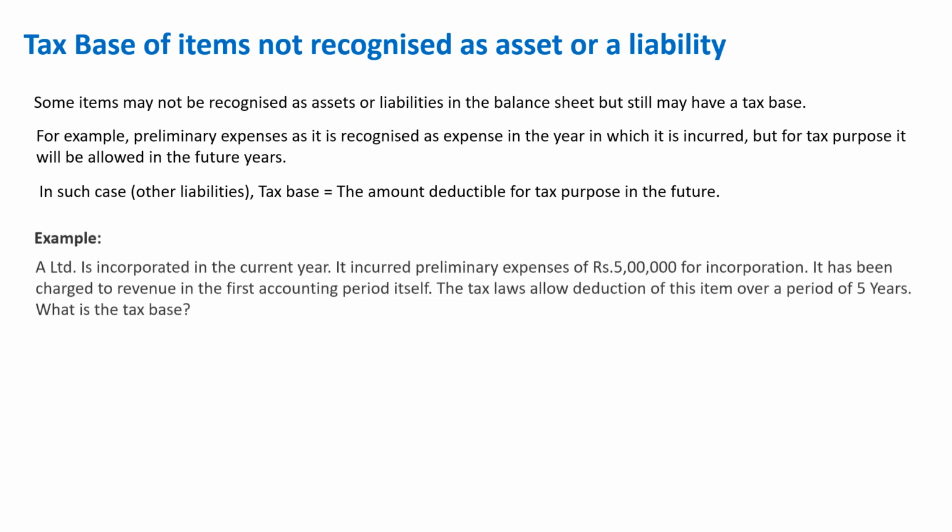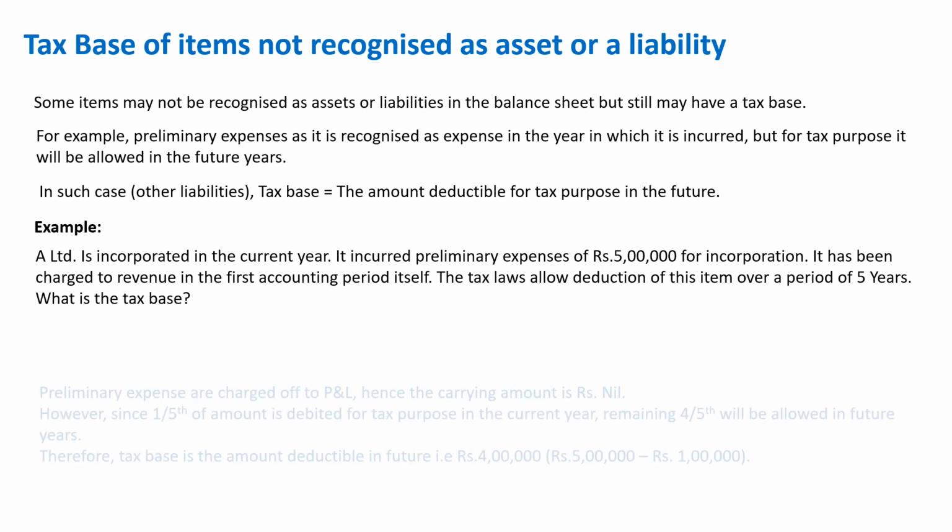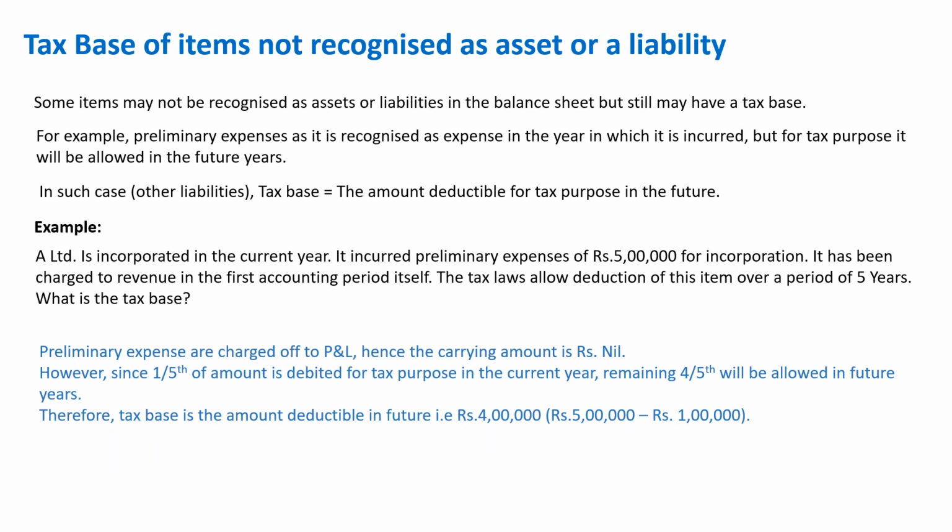Let's take an example. A Limited is incorporated in the current year. It incurred preliminary expenses of rupees 5 lakh for incorporation. It has been charged to revenue in the first accounting period itself as per the accounting rules. The tax laws allow deduction of this item over a period of 5 years. What is the tax base? So preliminary expenses are charged off to profit and loss account.